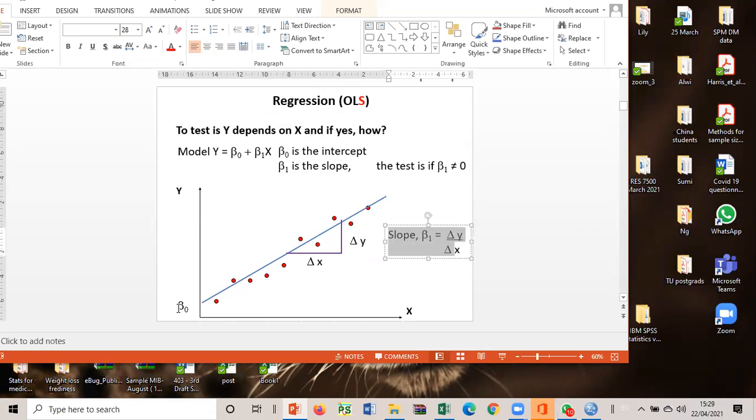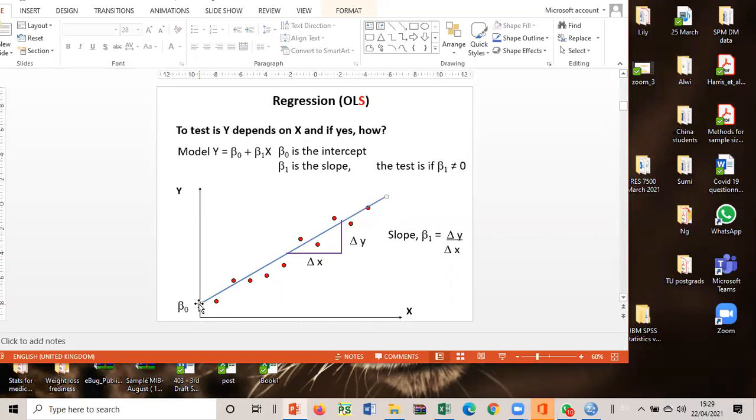The b0 is just for making predictions: once you put the x in b1 plus b0, you get the y. We don't explain the b0, we explain the b1. So what are we basically testing? Is the slope 0 or not 0?